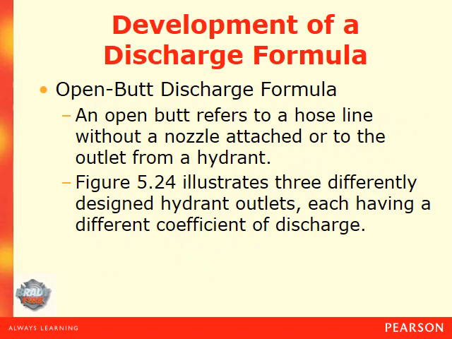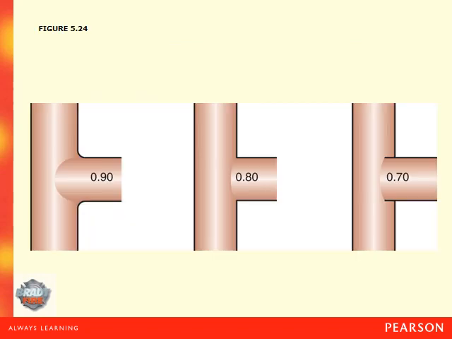The open butt discharge formula. An open butt basically refers to a hose line without any nozzle attached to it whatsoever, or to an outlet from a hydrant. Figure 5.24 illustrates the three different design hydrant outlets, each having a different coefficient of discharge. Here's a good example of the different coefficients.